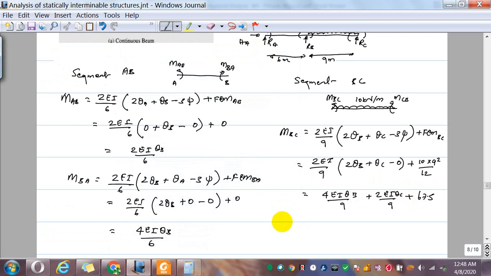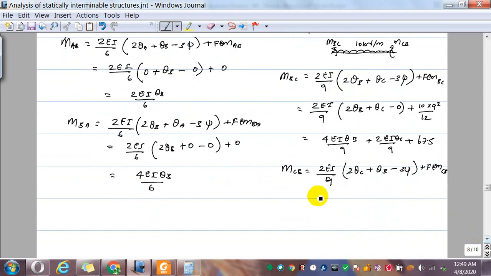And if you consider MCB, 2EI over L is 9, 2 theta C plus theta B minus 3 psi plus FEM CB.